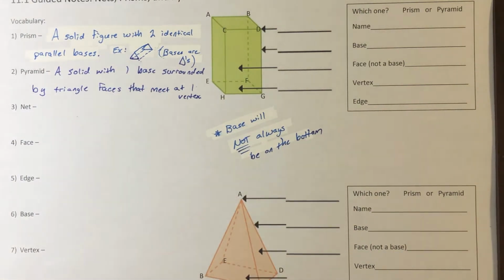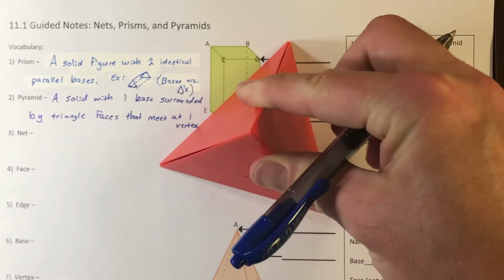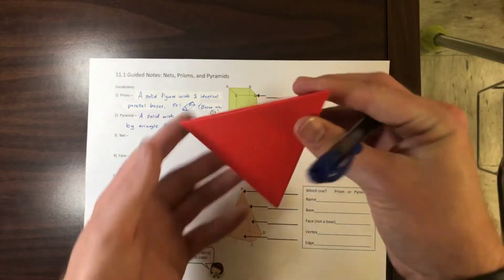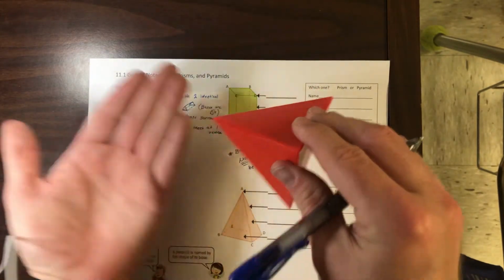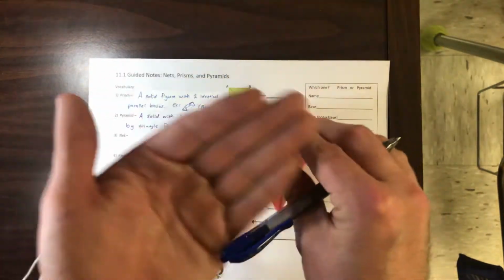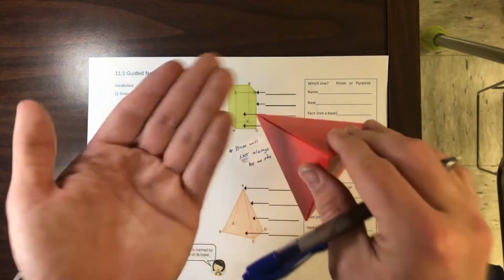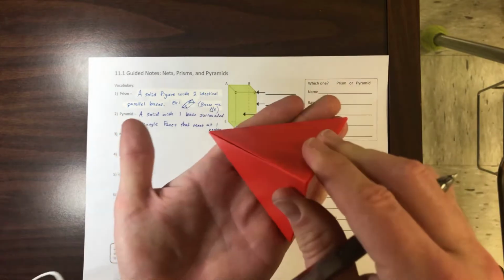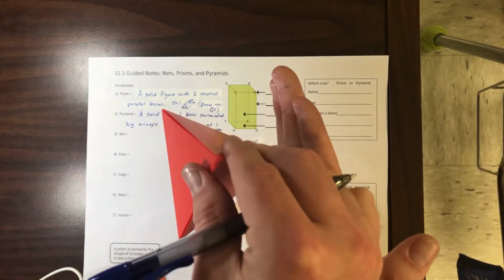So here's an example of a pyramid. I've got one base. Why doesn't it have 2 bases? Because there's not something that's parallel to it. Prisms have 2 bases, and they're always going to be opposite and parallel to each other. You'll notice this triangle on the bottom doesn't have one on the top. This one over here doesn't have one on the other side.